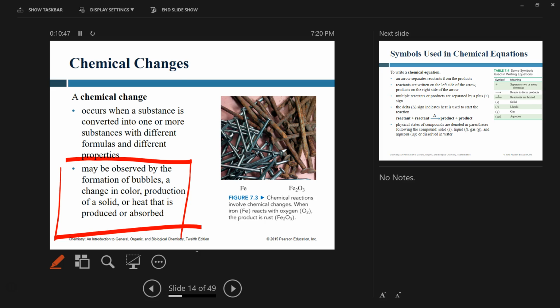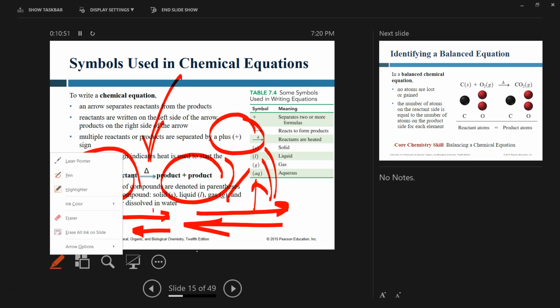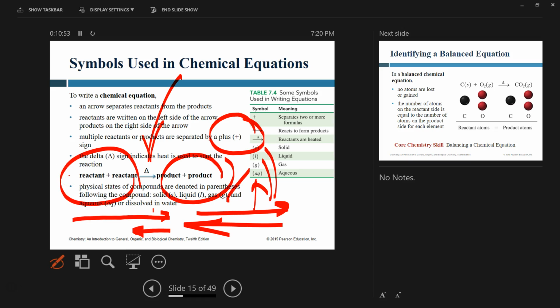So let me give you another example which will be clearer. So say solid zinc plus aqueous solution of hydrogen chloride, hydrochloric acid, will give you zinc chloride, the aqueous solution, and hydrogen gas.